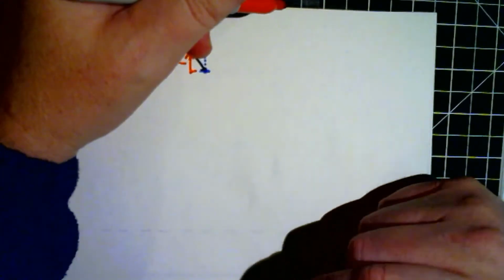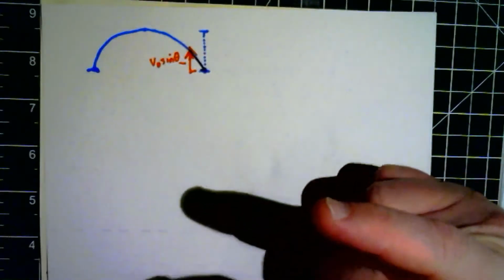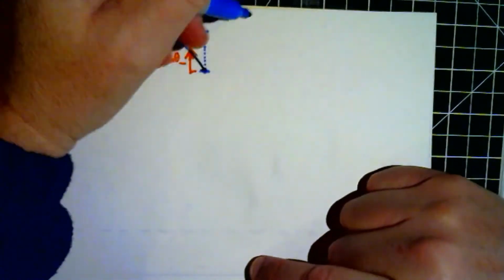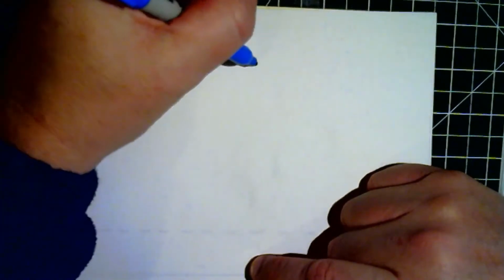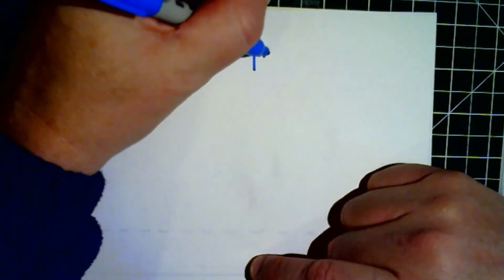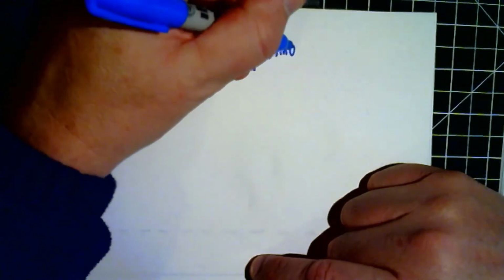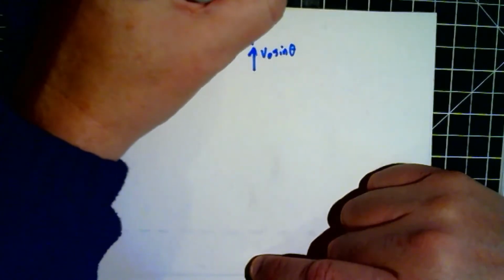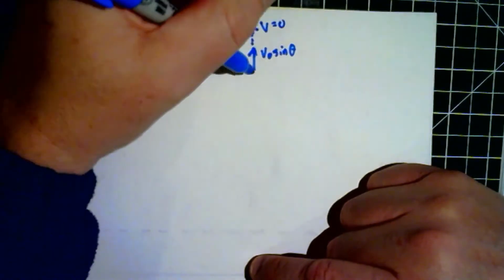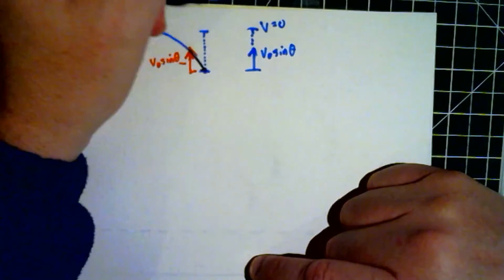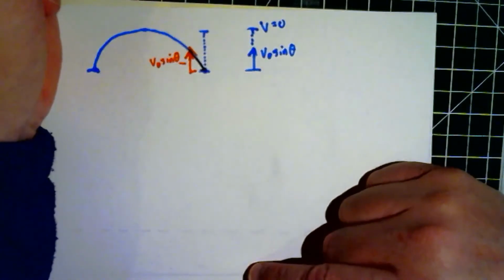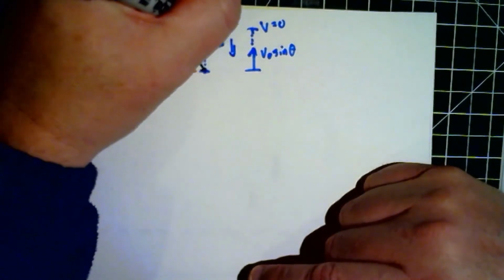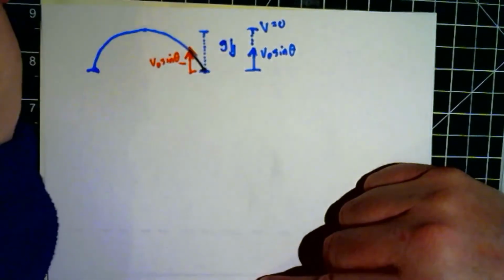So if that's true, then what I can do is find the time it takes to launch a projectile straight up with an initial speed of v0 sine theta, travels to its highest point where its final speed will be 0, and the time it takes will be determined by how much the acceleration is. In this case, it's going to be accelerating downwards at an acceleration of g.